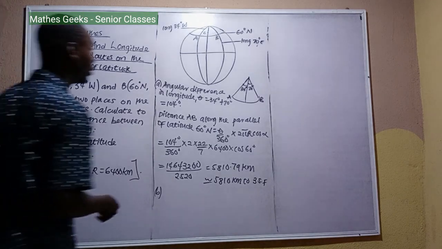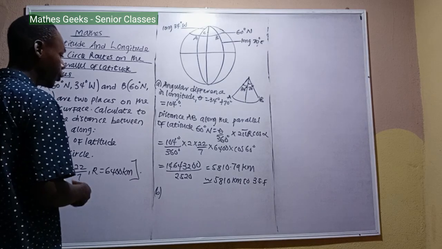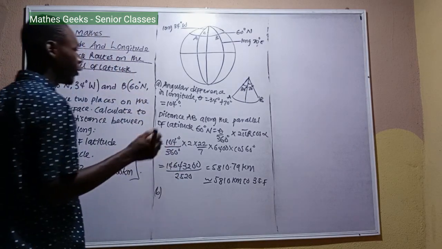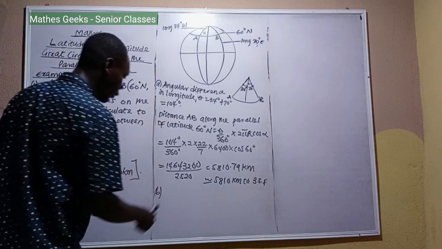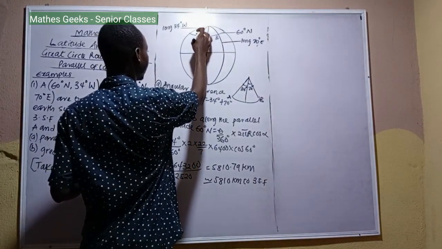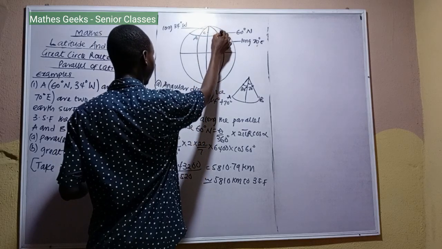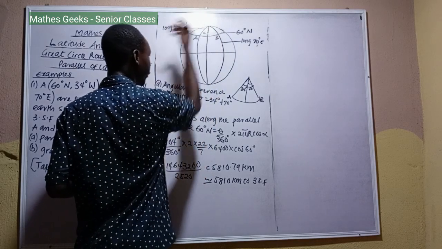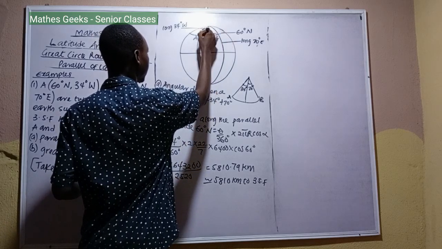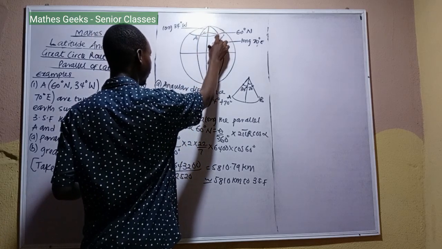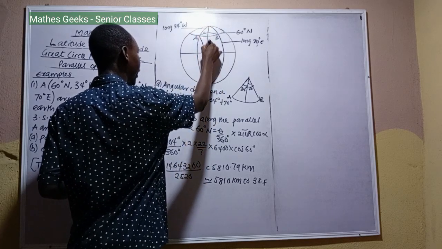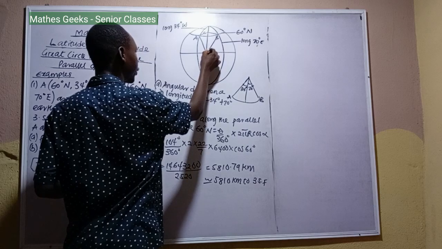Because the two points are lying on the parallel of latitude, we can solve it using either the direct method or the split method. First, the arc AB is the arc of the parallel of latitude, which is the arc of the small circle.